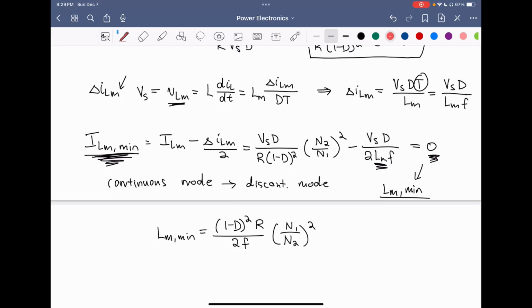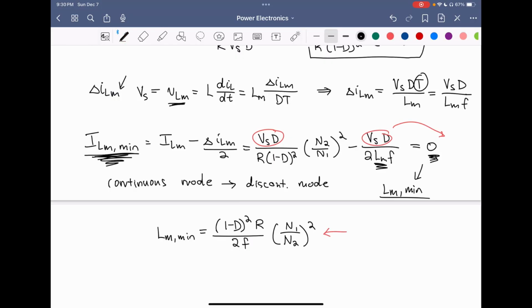We can see this because these two terms will cancel out when we move this to here, and then we multiply by 1 minus D squared R on both sides. And this is our resulting expression.